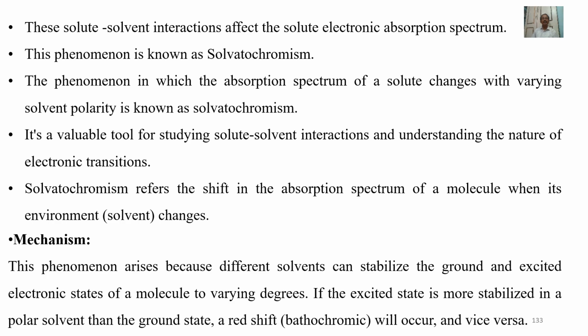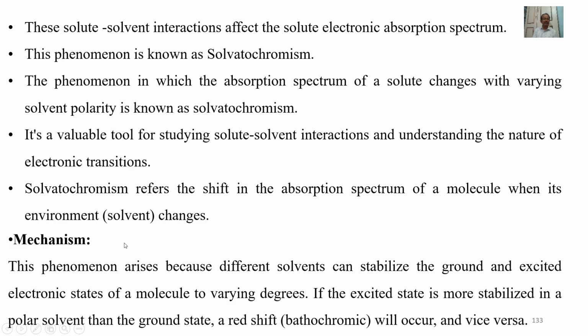The phenomenon in which the absorption spectrum of a solute changes with varying solvent polarity is known as solvatochromism. It is a valuable tool for studying solute-solvent interactions and understanding the nature of electronic transitions. Solvatochromism refers to the shift in the absorption spectrum of a molecule when its environment, that is the solvent, changes.